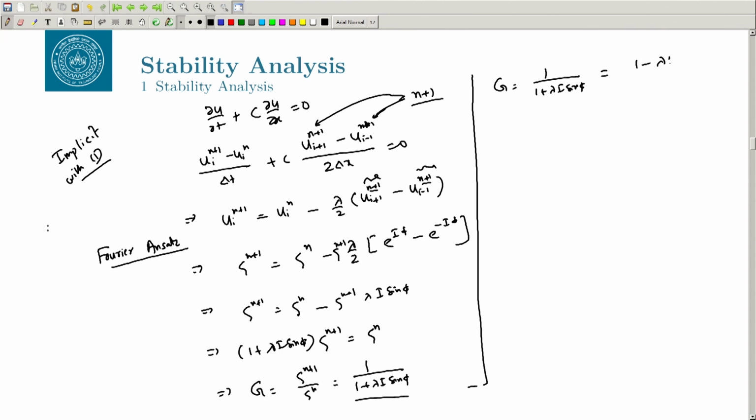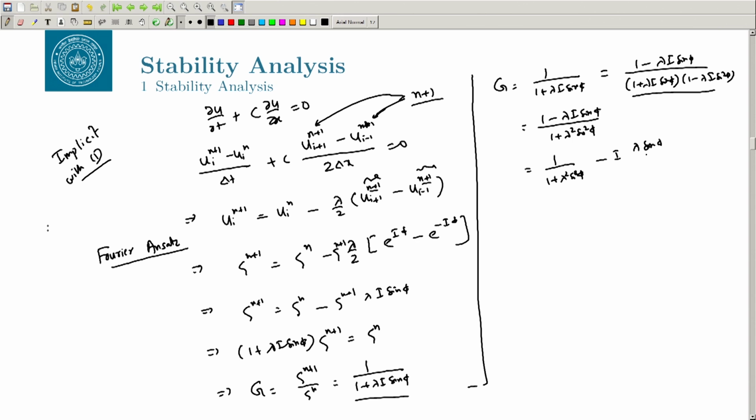So that will become (1 minus lambda i sin phi) over (1 plus lambda i sin phi)(1 minus lambda i sin phi), which is (1 minus lambda i sin phi) by (1 plus lambda square sin square phi). We have done that already. So this is 1 by (1 plus lambda square sin square phi) minus i lambda sin phi by (1 plus lambda square sin square phi).